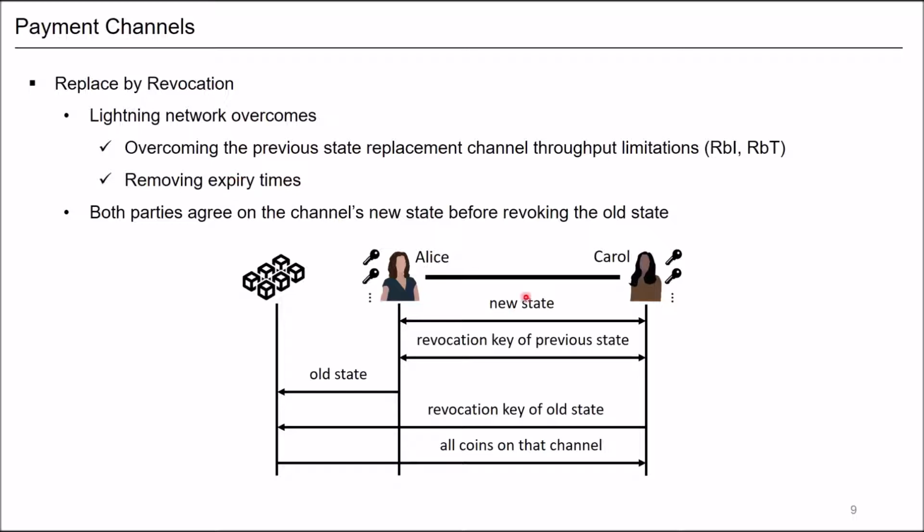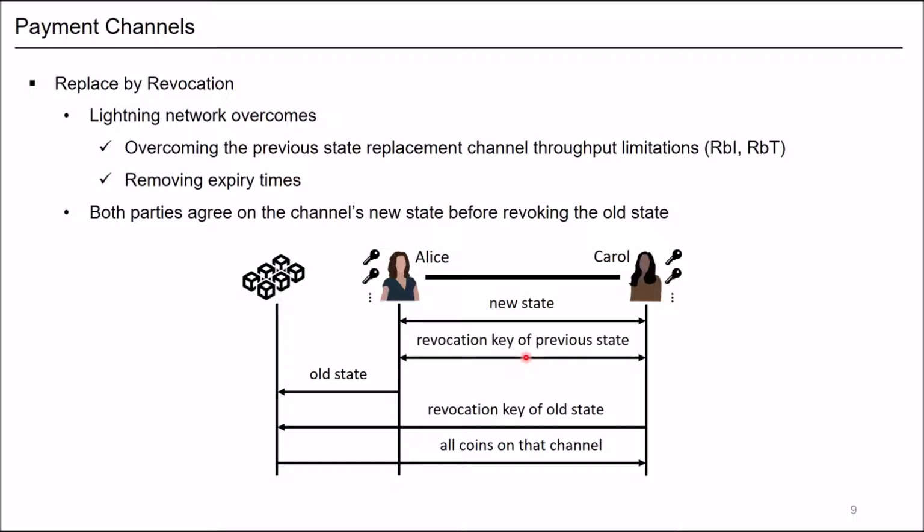To revoke, both parties exchange revocation secrets and retain those during the channel's lifetime. You can think of a revocation key as a pre-image of a hash.